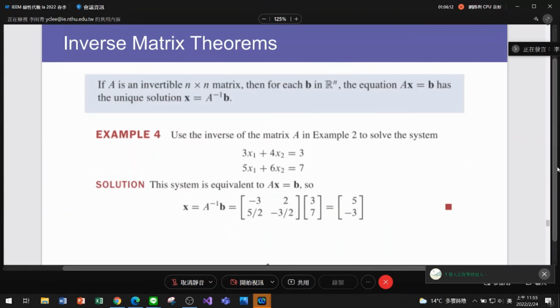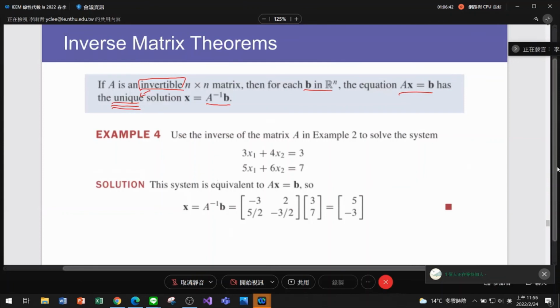So we will look at one more theorem. If A is an invertible n by n matrix, then for each vector B in R^n, the equation Ax equals B has a unique solution, A inverse times B. If A is invertible, it's a good property because now we can match it to uniqueness.